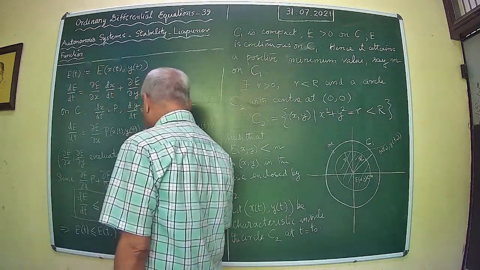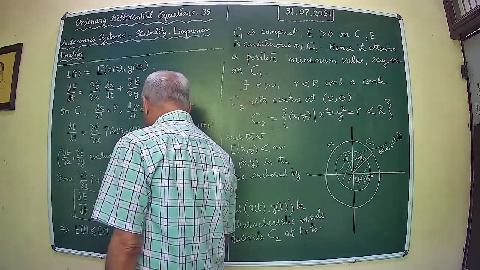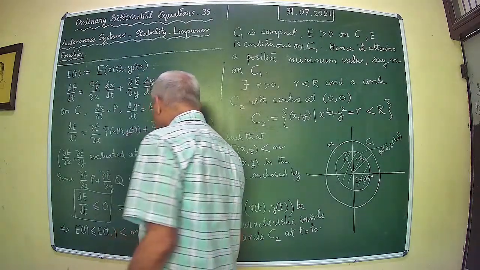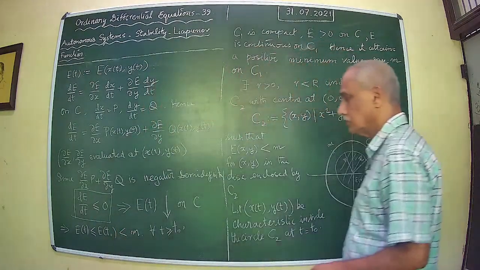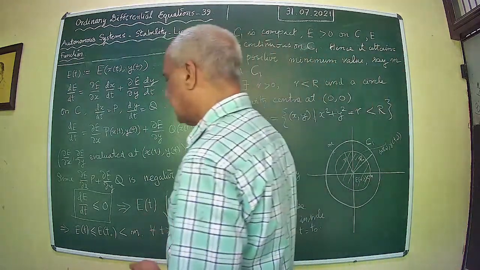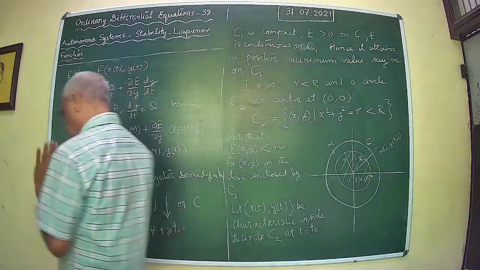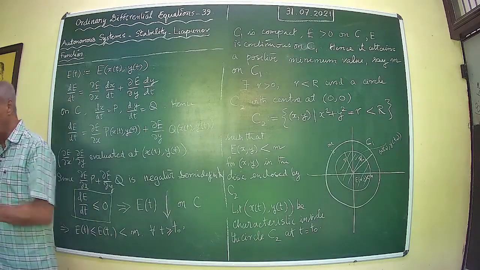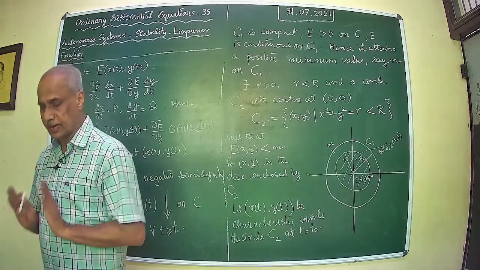For every t, what does this mean? This means that E(t) is strictly less than m for all points on this characteristic.